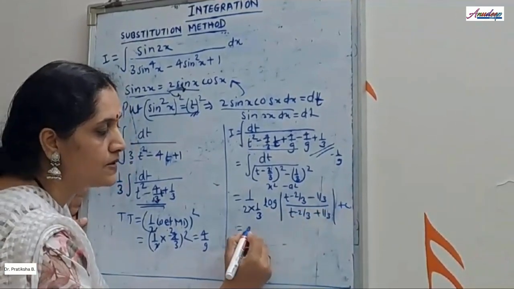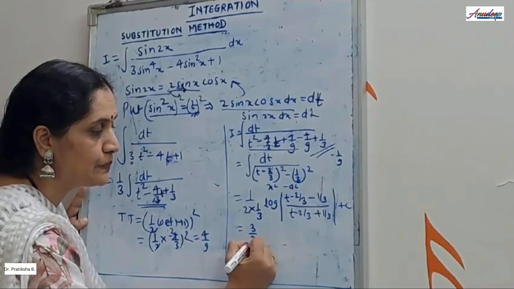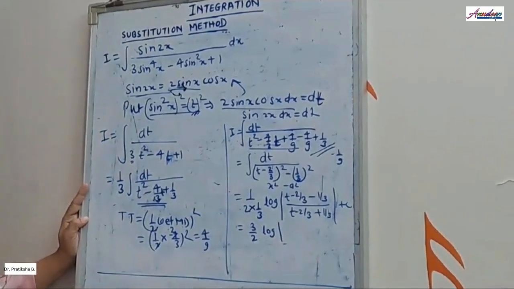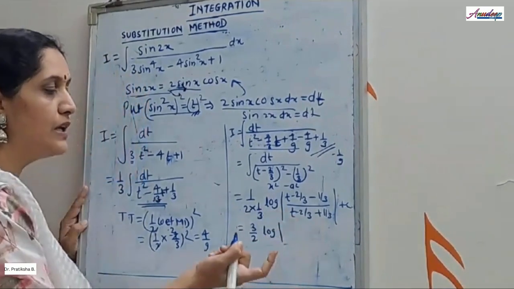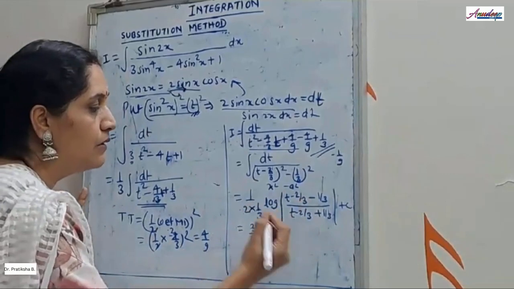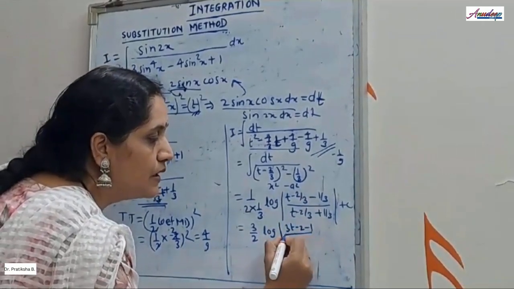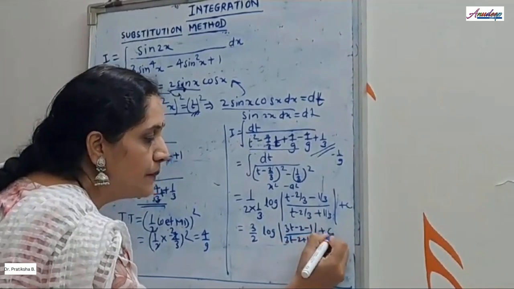So what I will be getting is, now here it is 3 upon 2 log of, so what we are getting, it is log of t. What is your t? Again 3 is common. If I multiply throughout by 3, what I will be getting is 3t minus 2 minus 1 upon 3t minus 2 plus 1, plus c.